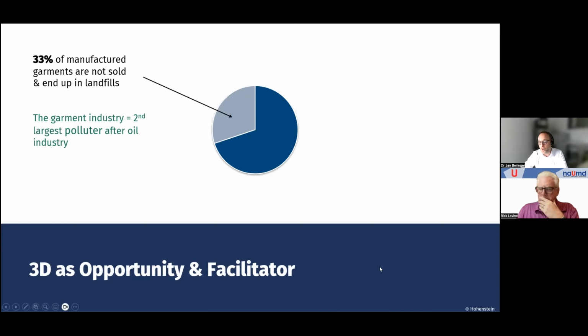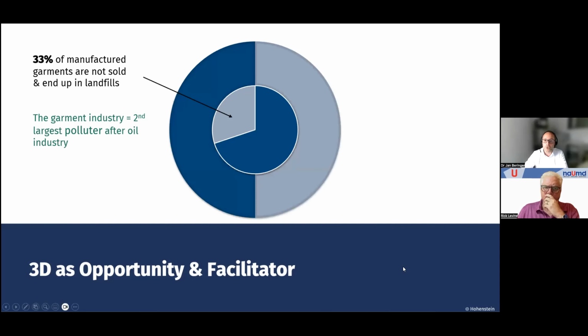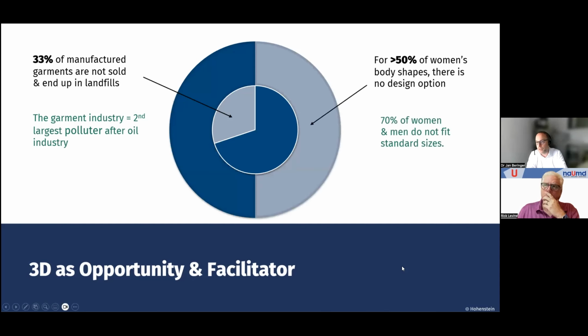Also, looking at women, more than 50% of women don't find the right garment in terms of body size, fit, and so on. And 70% of women and men don't fit into standard sizing systems. So some improvement is required in terms of 3D garment design, sizes and fit.